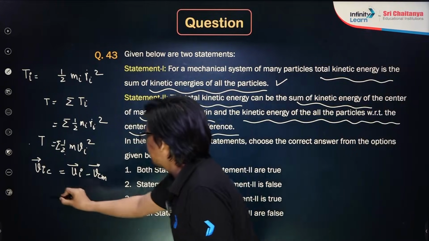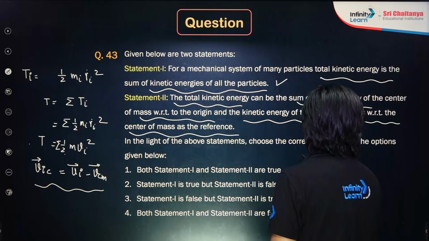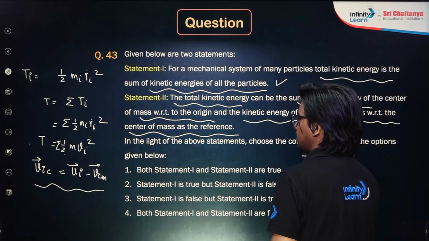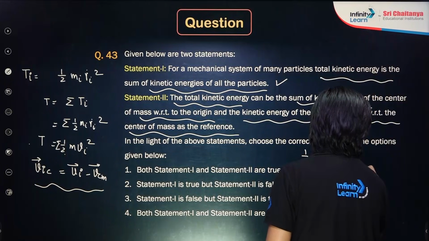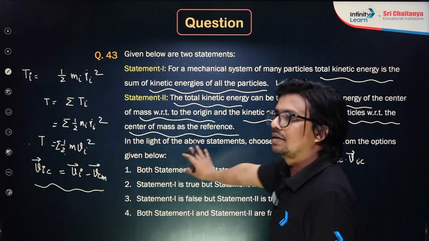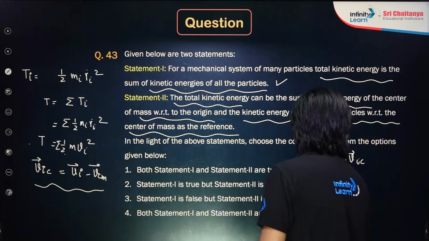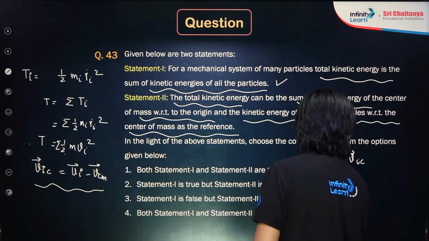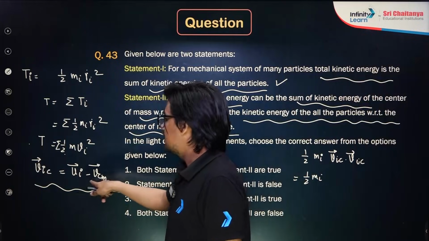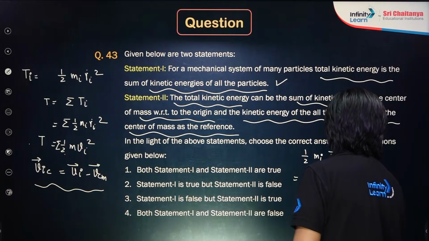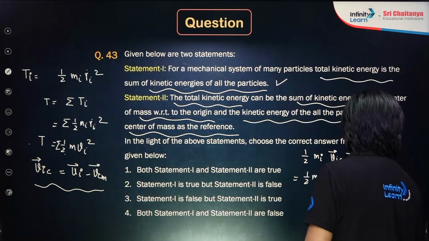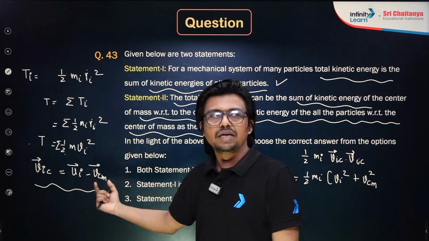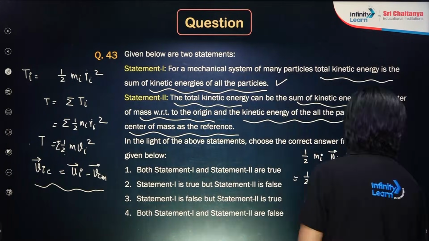So I can write 1 by 2 into mi into vic dot vic. This is the kinetic energy by taking the center of mass as the reference. You take vic dot vic, so you are going to get vi square plus vcm square minus 2 vi dot vcm.